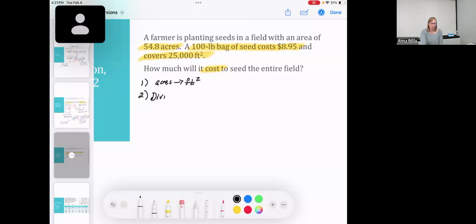Each covers 25,000 square feet. And that will give me how many bags I will need to cover the entire field. And that will allow me to find the cost. So I think that's a good game plan.